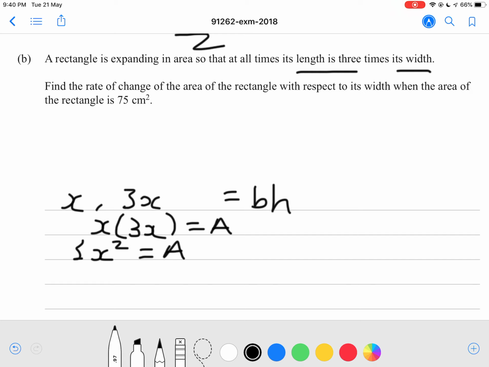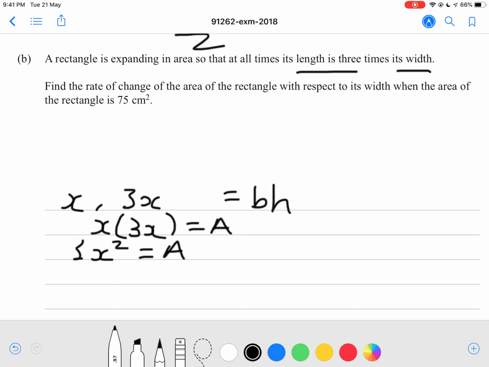Right now it says find the rate of change of the area when the area is 75 square centimeters.